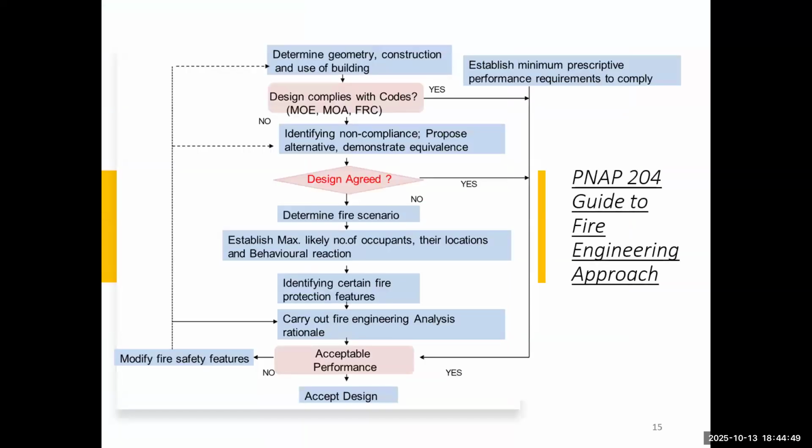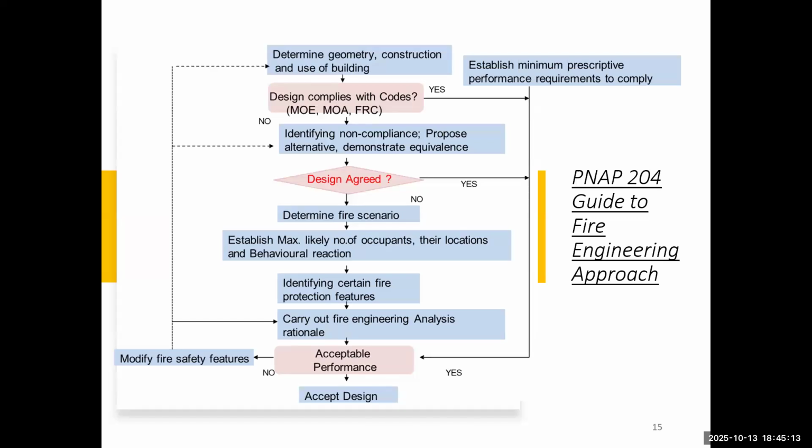And before 2011, in 1998, the Hong Kong Buildings Department published PNAP 204. PNAP 204 is the framework of the performance-based fire engineering approach. It works as an alternative to the traditional prescriptive fire safety design.